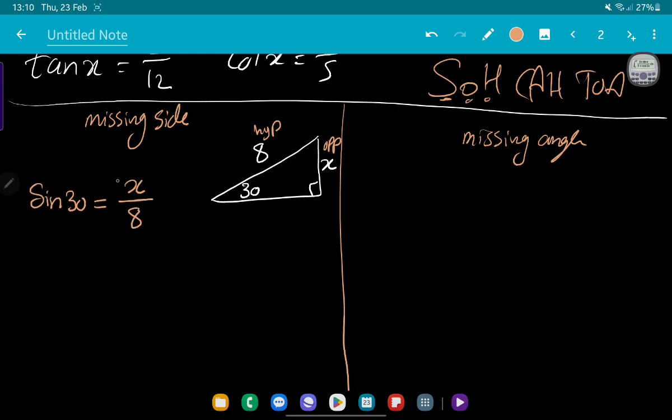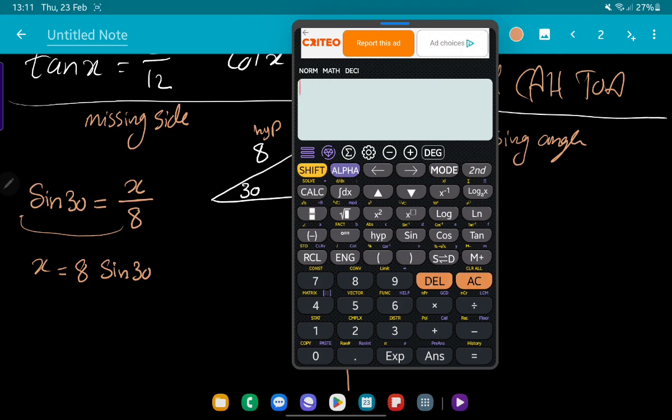Now how to find the x? You cross multiply: 8 multiplied by sine 30, and this is one part, you cannot divide it to be 8 multiplied by 30. No, it's 8 multiplied by sine 30. You can use the calculator to find the answer. 8 multiplied by sine 30 and close the parentheses. It's 4, so the answer is 4.